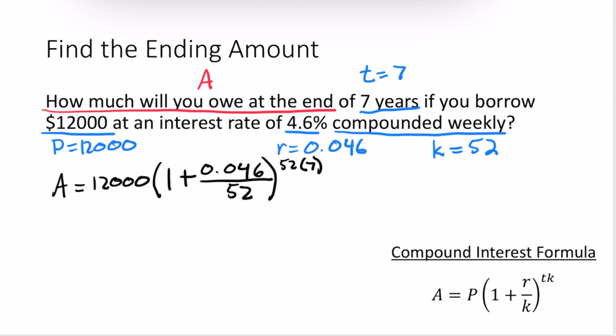So with order of operations, I have to simplify the stuff inside of the parentheses first. And then after I do that, then I need to do exponents and multiplication and then addition. And so I'm going to simplify the stuff inside of the parentheses, but I want to simplify my exponent as well at this point, just so that once I have my parentheses stuff calculated, then I'll be able to raise that to the exponent.